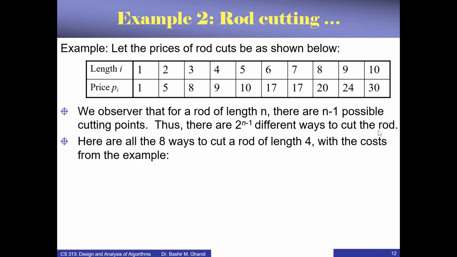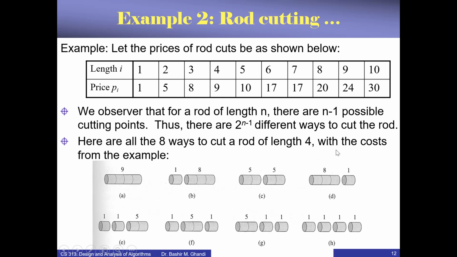For example, if your rod is of length 4, then you will have 2 to the power 3 ways of cutting it, which is 8 different ways, as shown by this diagram. So you may not cut it at all, or you will have 1 inch and 3 inch, 2, 2, and so on.